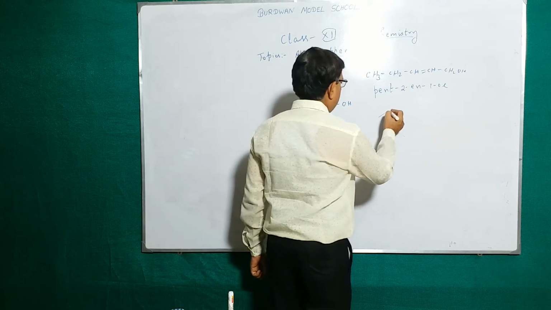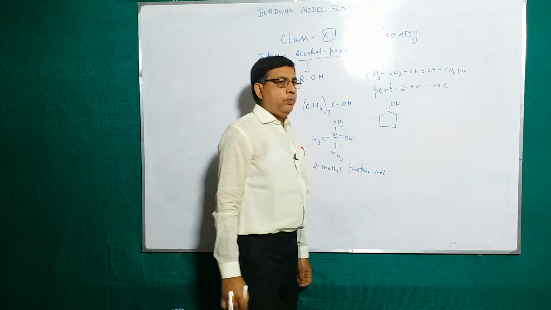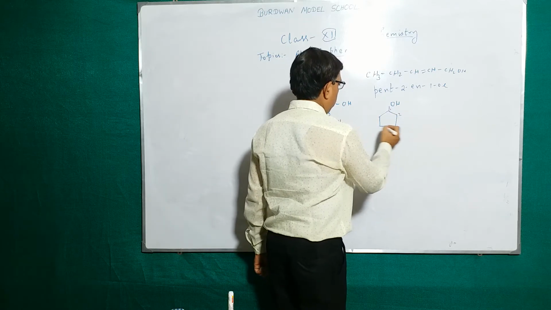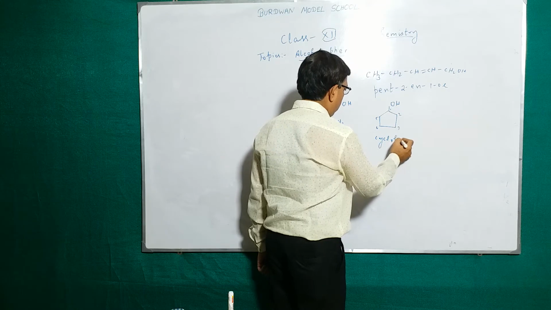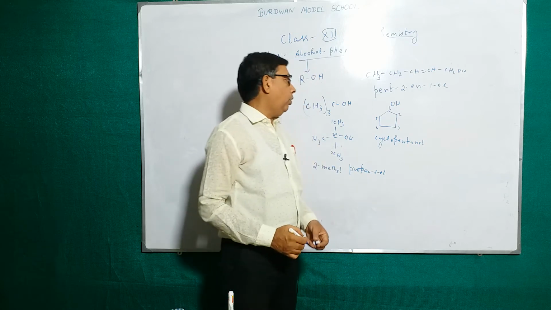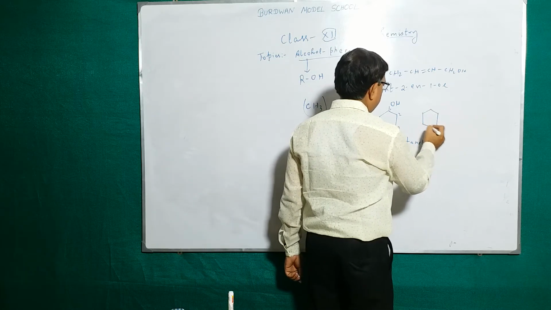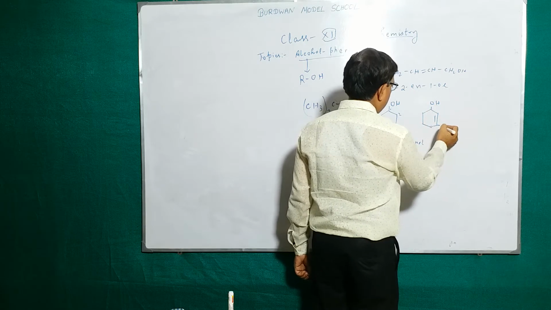If we consider this compound with OH, what is the name of this compound? Cyclopentanol, 1, 2, 3, 4, 5. So this compound is called cyclopentanol. Say this compound, a 6-member ring, not a benzene ring, with OH and Br.